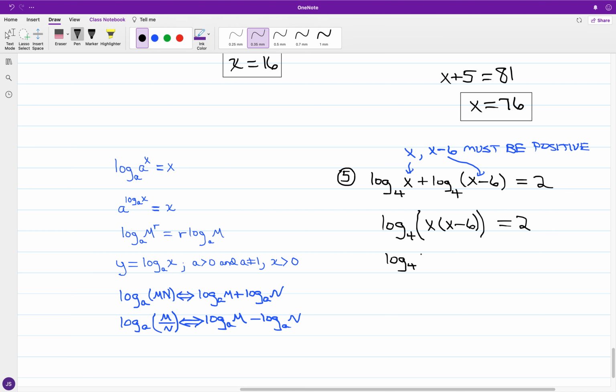Okay, and I can just go ahead and distribute, so I have the base 4 logarithm of x squared minus 6x is equal to 2. And then again, to get rid of the presence of the base 4 logarithm, I can apply this property again. This time the exponential base is 4.